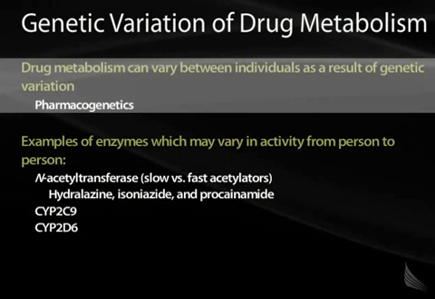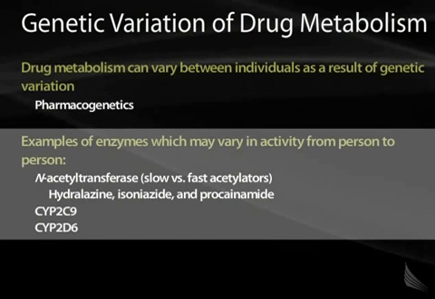The concept of pharmacogenetics or pharmacogenomics is based on the idea that every individual is different in their ability to metabolize medications. Patients are also very different in their ability to respond to medications. And there are many different enzymes which may vary from person to person. Not only the cytochrome P450 enzymes, but an enzyme such as N-acetyltransferase.